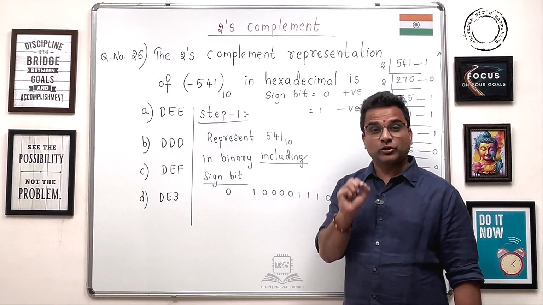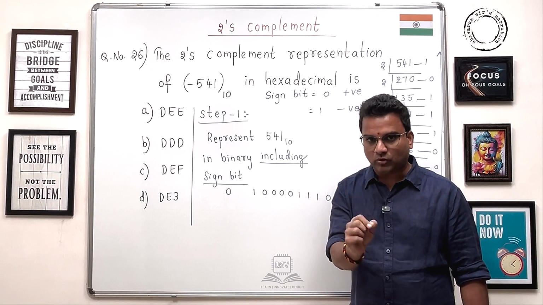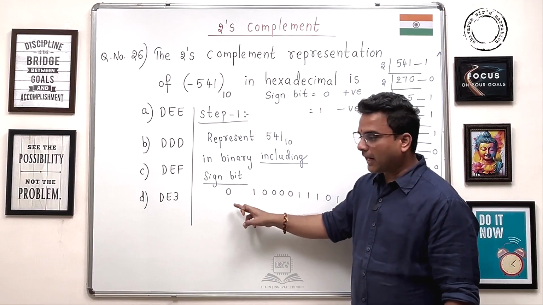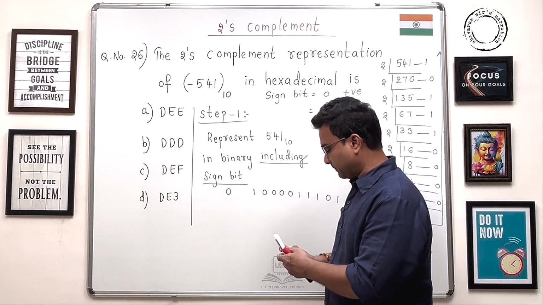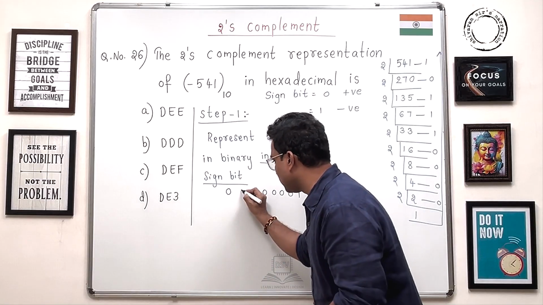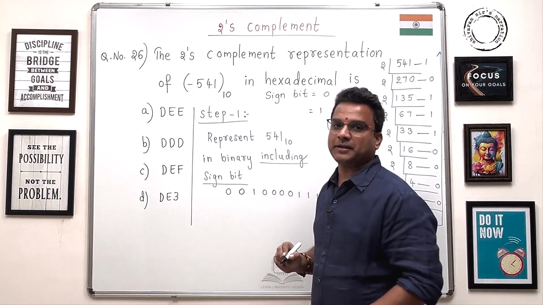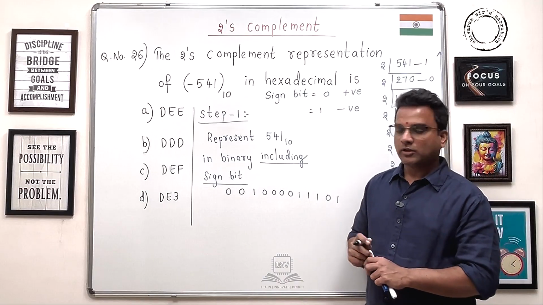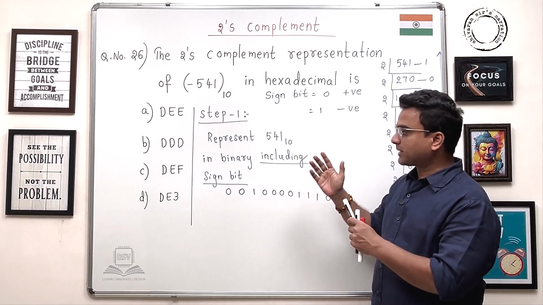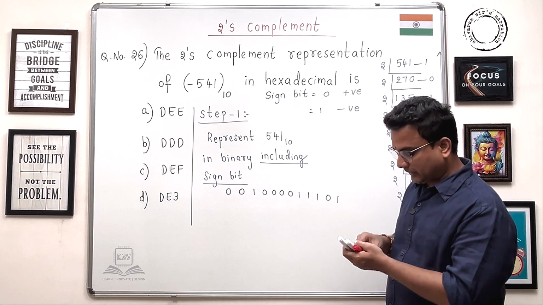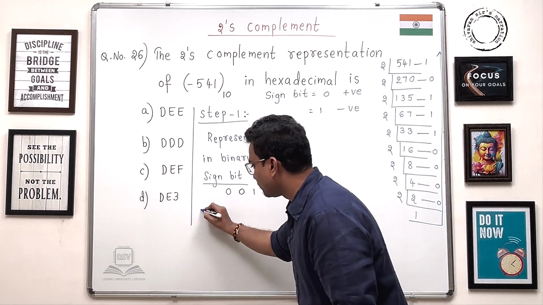So you need to add a 0 between the sign bit and the magnitude bits. For better understanding, I took black color. So now we have 12 bits. Hence, step 1 completed.